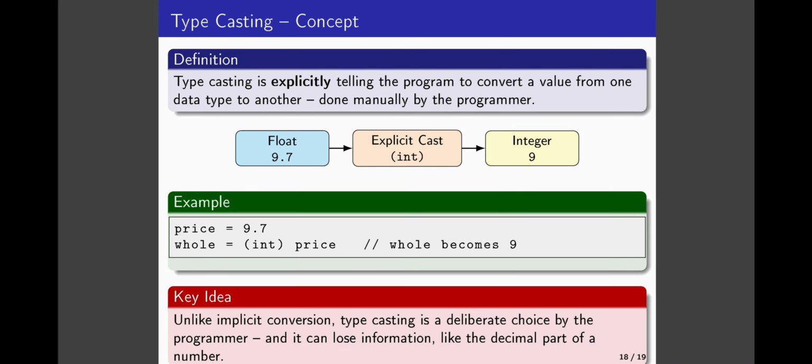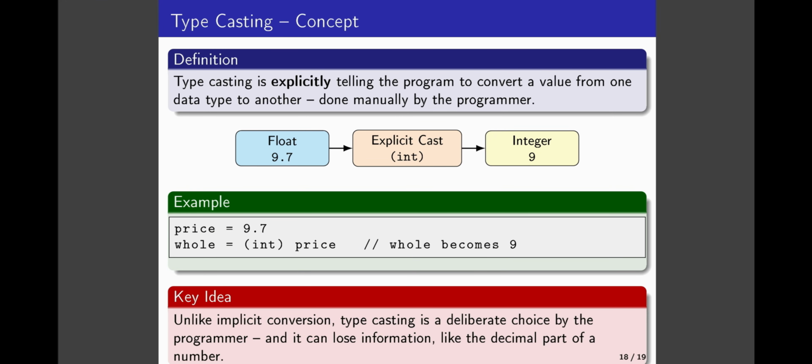Then we have typecasting. Typecasting is explicitly telling the program to convert a value from one data type to another, done manually by the programmer. So we start with a float 9.7 here. We apply an explicit cast using int, which is the keyword used for defining the integer data type, and it comes out the other side as an integer 9.